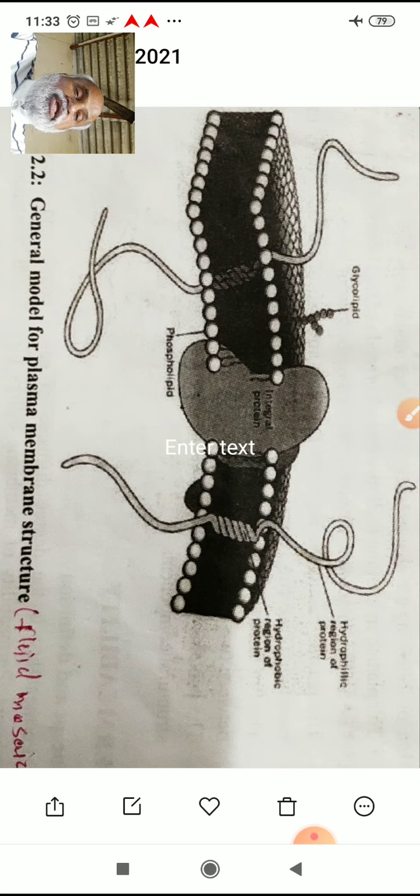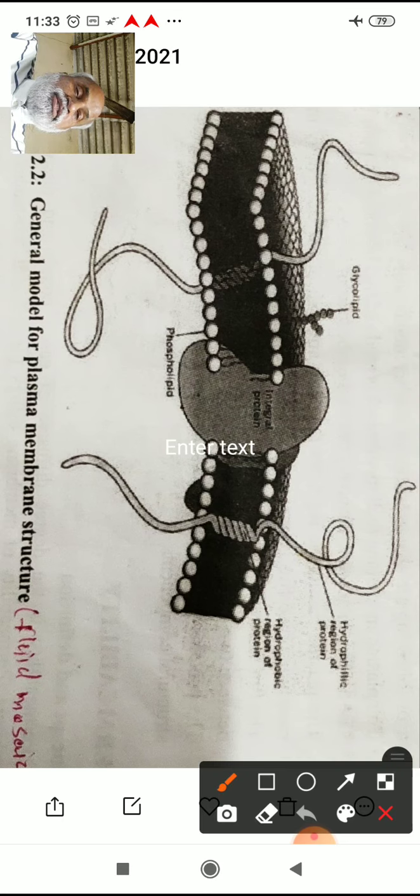On the screen you can observe here the two layers. This is one layer and this is another layer, two layers of phosphate and lipids, called a phospholipid, and in it the presence of proteins is also there.